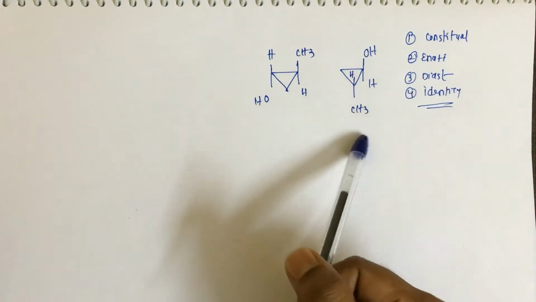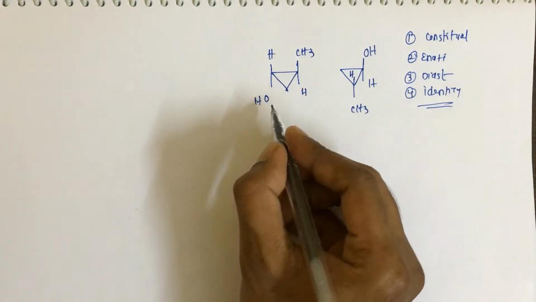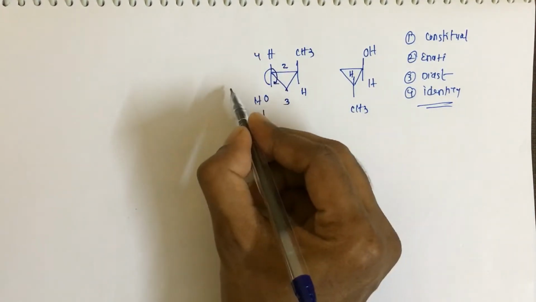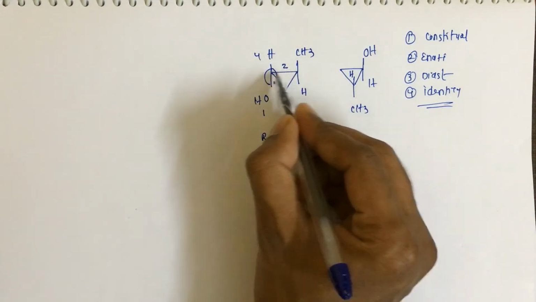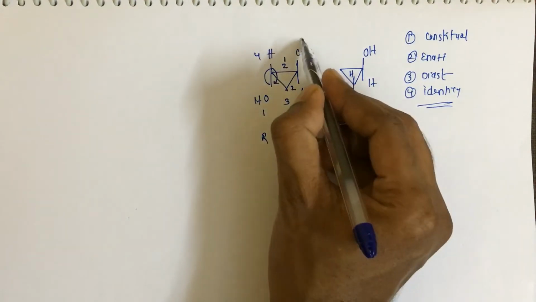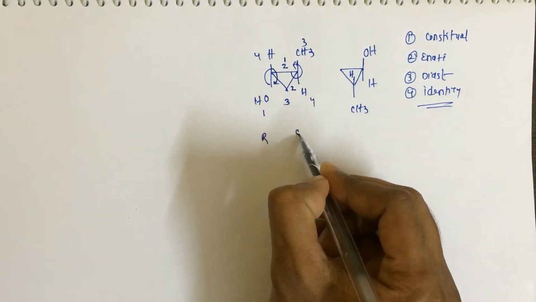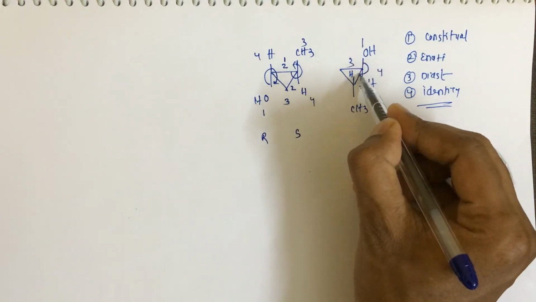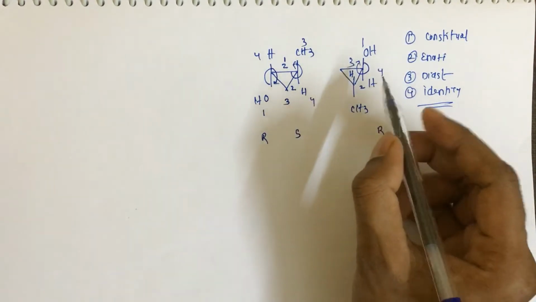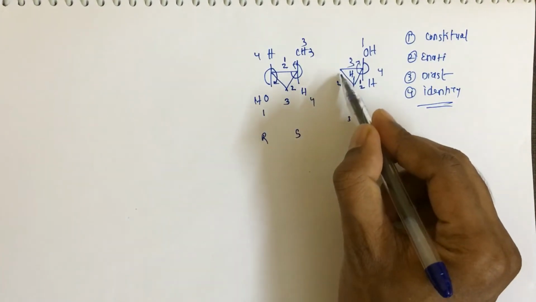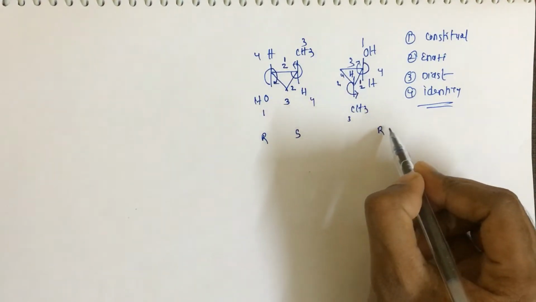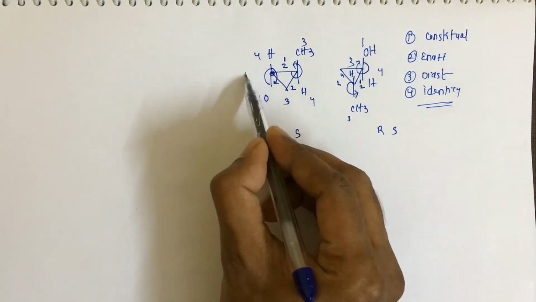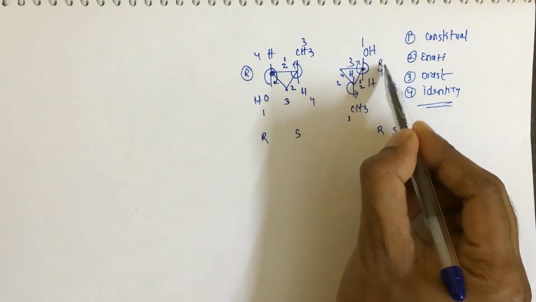You can give RS nomenclature, so we'll try for that. 1 2 3 4, and this is R, and here this will be 1, then 2 3 4, and this is S, and here 1 2 3 4, and this is R, and then 1 2 3 4, and this will be S. Okay, so here this carbon is having an R configuration, and this carbon also has an R configuration.